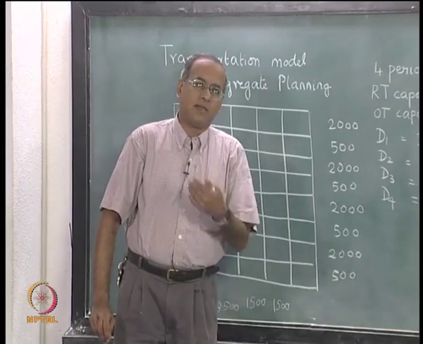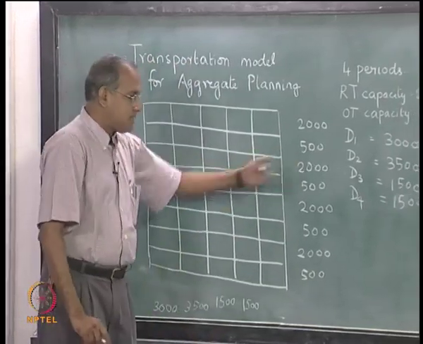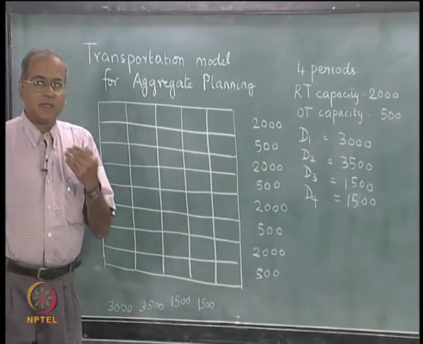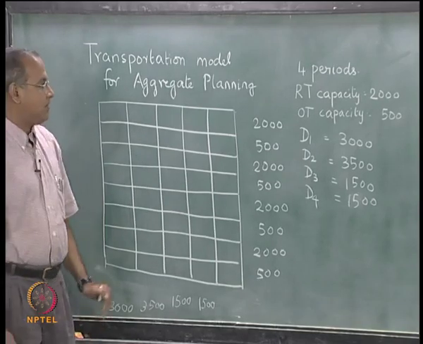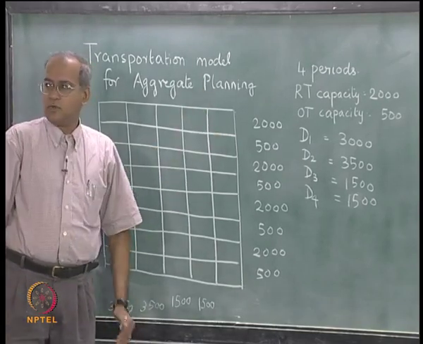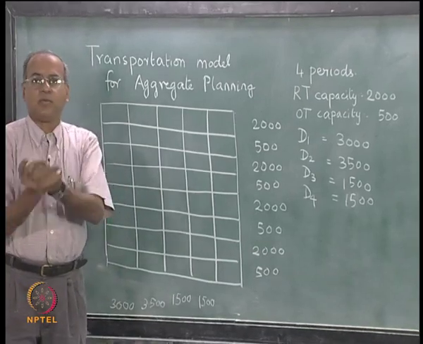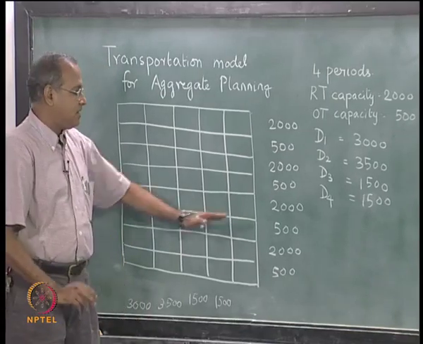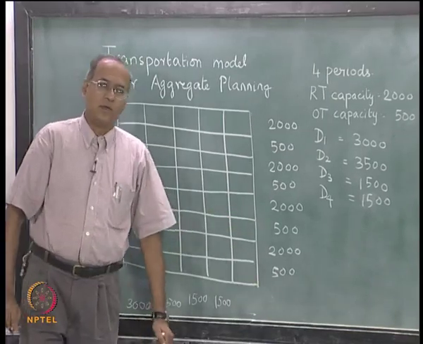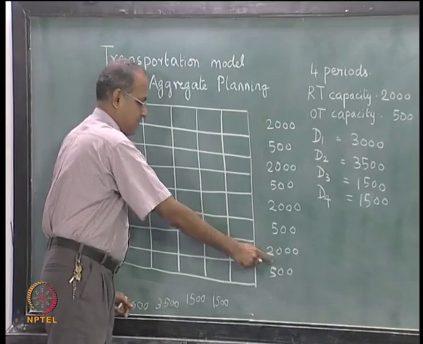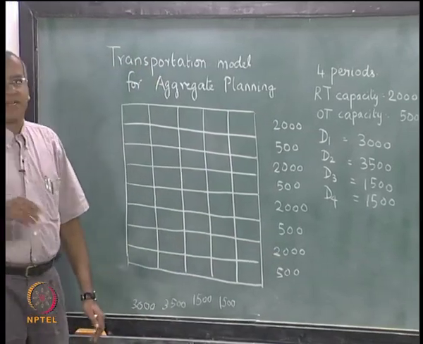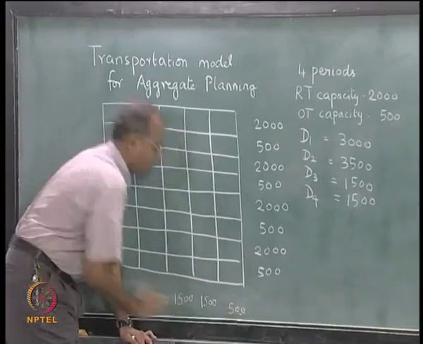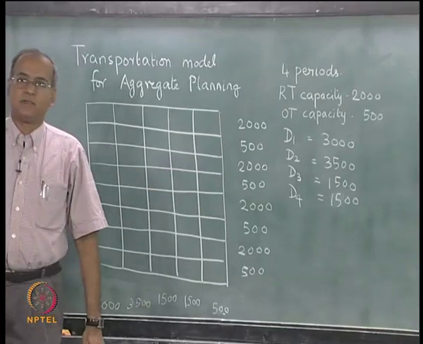It is customary in transportation problems to balance it, and in the event where the total supply exceeds the total demand, we create a dummy demand column so that the total supply becomes equal to the total demand. In situations where the total demand is higher, we would create a dummy supply row. In this case the total supply is higher than the total demand, so we create a dummy demand of 500, so that we have a balanced transportation problem.